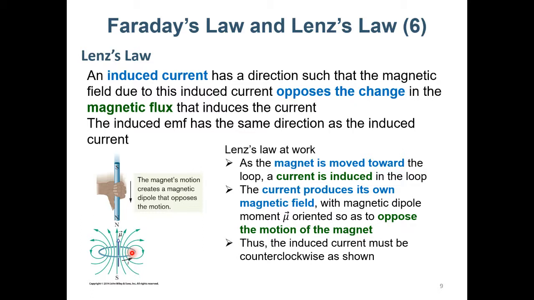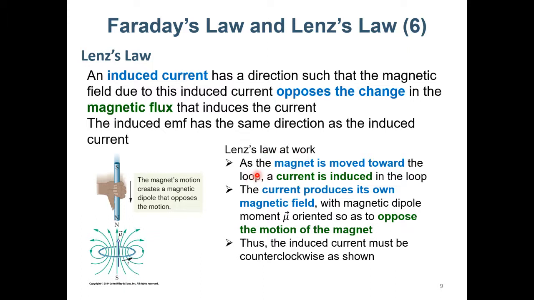This induced magnetic field will be opposite to the change of the original magnetic field. So the induced magnetic field tries to stop the changing of the magnetic flux across this loop.